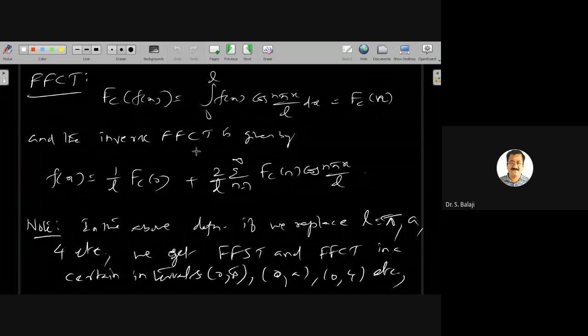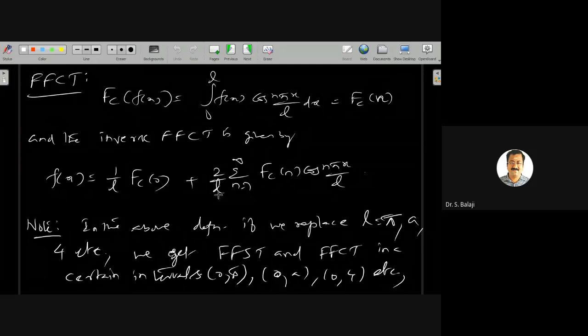And the inverse finite Fourier cosine transform is given by f of x equal to a naught by 2. In the Fourier series, instead of a naught by 2 we get fc of 0 by 2.